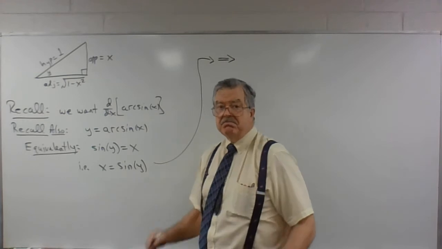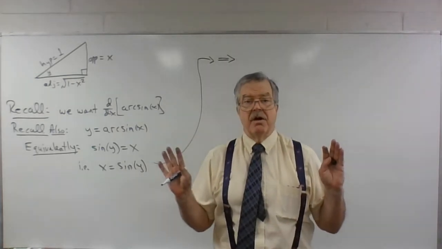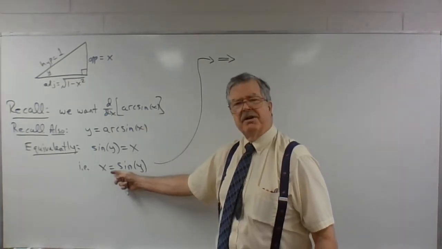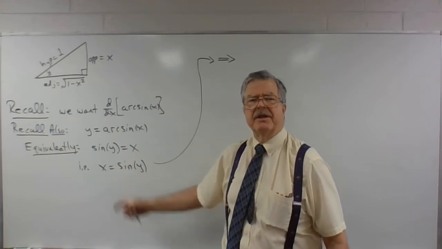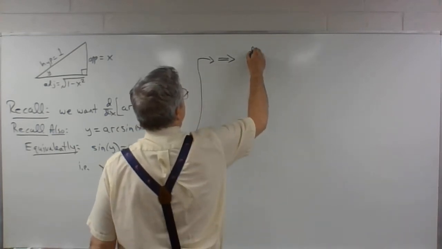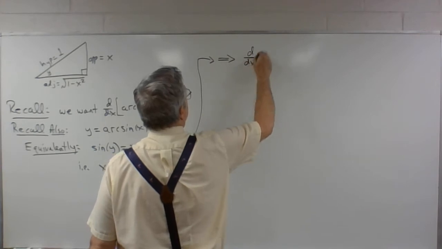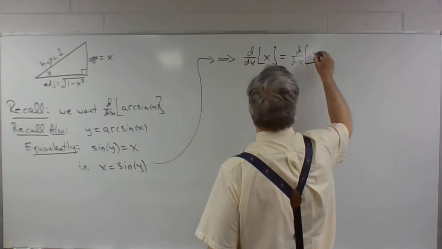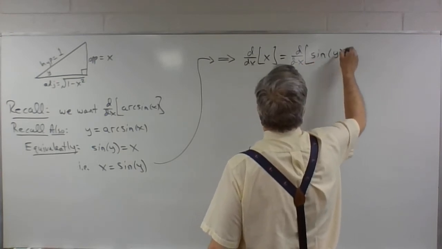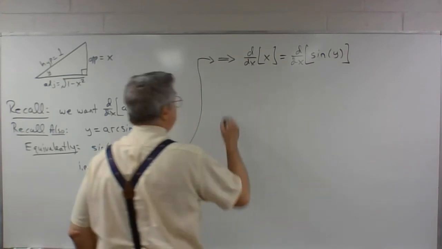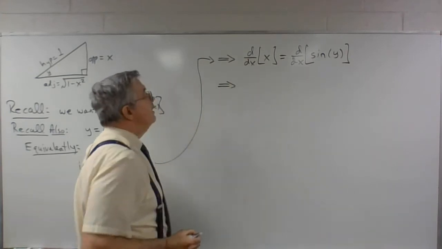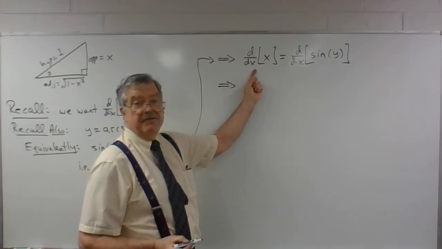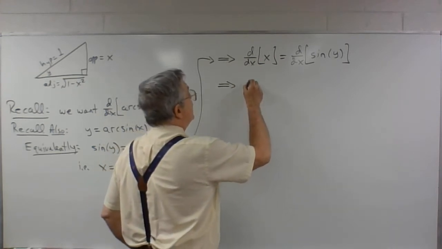Now, for some reason, maybe I'm just groping in the dark, I don't know. Since I'm looking for derivatives, I'm going to compute the derivative of both sides of this equation. The left side's pretty easy. The derivative of x as a function of x is just 1.